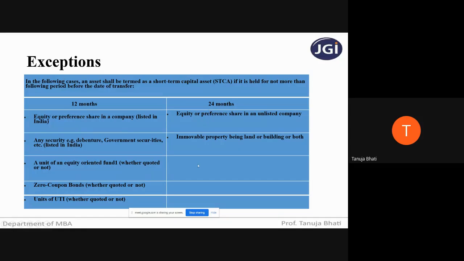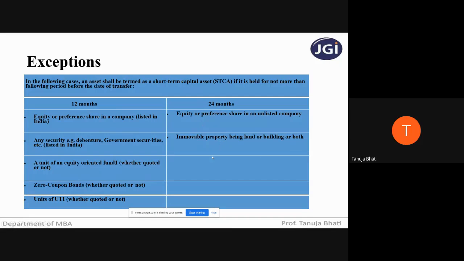Next, 24 months in case of these two, that is equity or preference shares in an unlisted company. For 12 months, it is listed companies in India, and this is for unlisted companies. And immovable property being land or building or both, you have to consider 24 months.